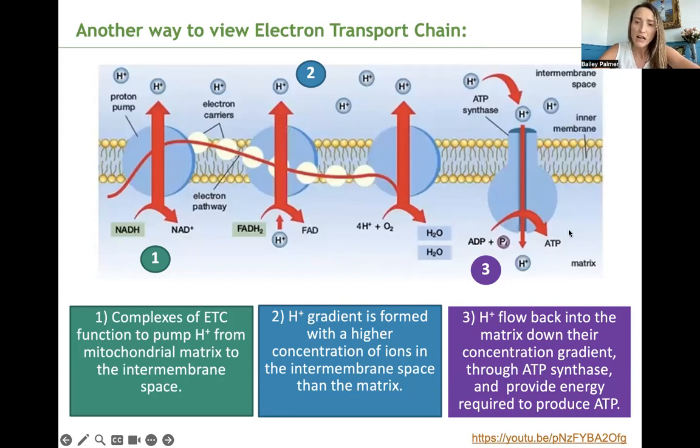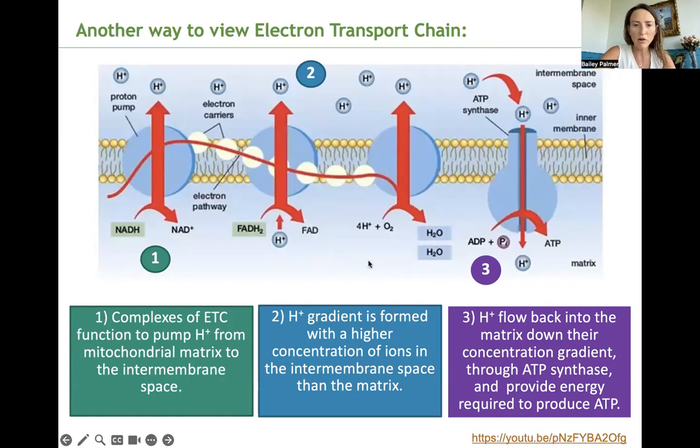We see that right here at the bottom of this ATP synthase complex. As the hydrogens are pumped back through, this generates enough energy to synthesize ATP. And so the pumping of this hydrogen activates this ATP synthase enzyme, and now we have ATP production.